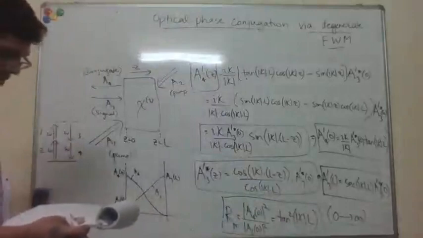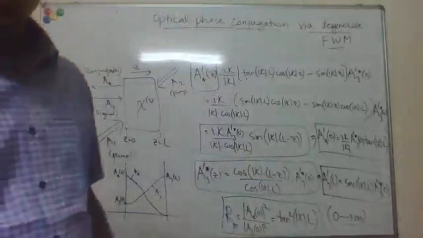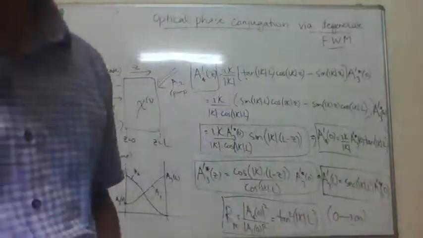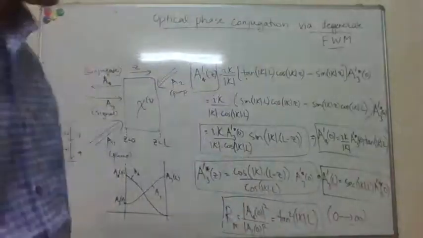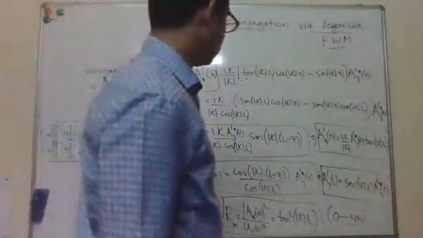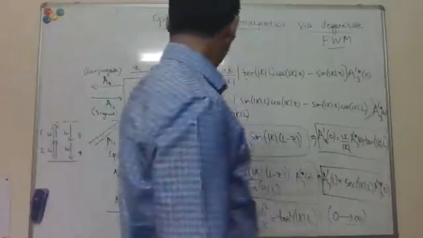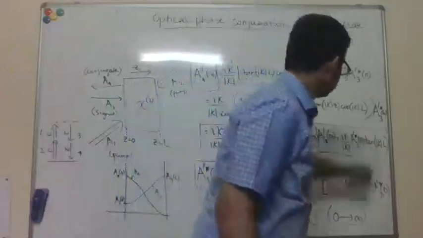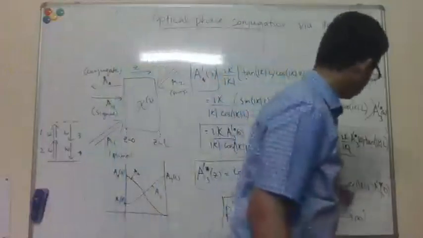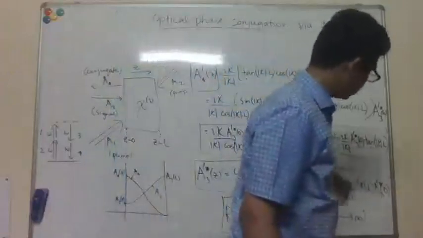Sir, just one question. Will the amplitudes of A3L and A4 0 be the same, or somewhat different? They could be different. You can see A4 0 is tan kappa L and A3L is secant kappa L, so they are not the same in general.